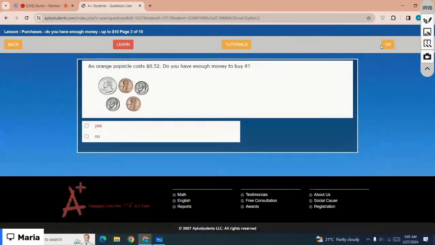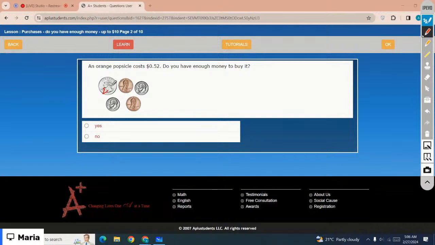An orange popsicle is $0.52. Do you have enough money to buy it? Which is the correct option? That is quarter, that is 25 cents.